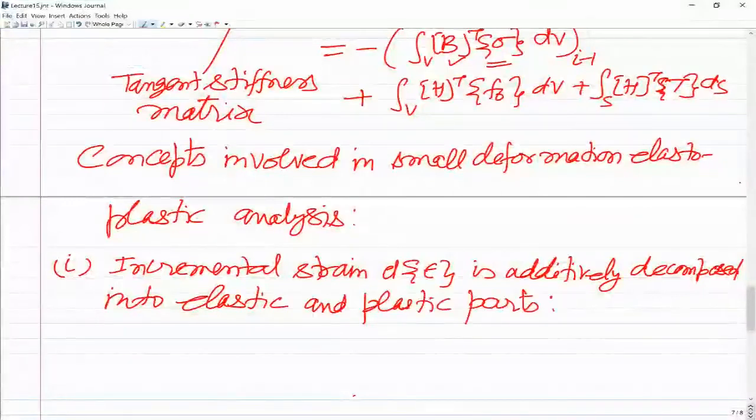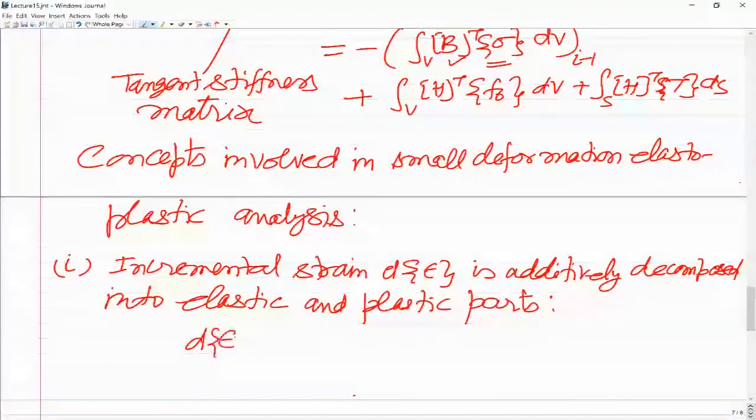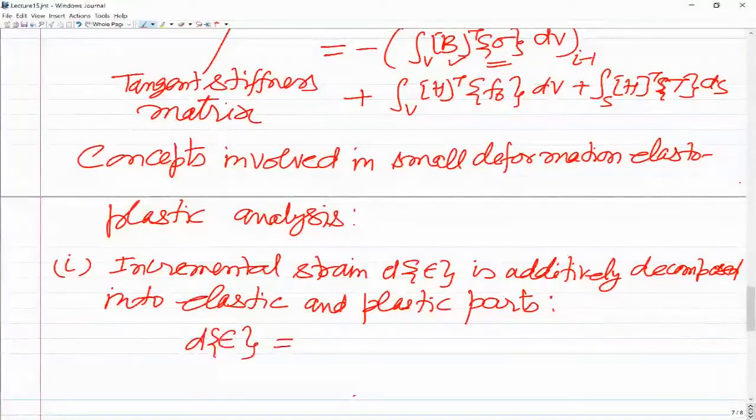What I mean is that when you get the incremental strain, you have this D of epsilon, and it has two parts. One is the elastic part of the strain, like in the first lecture where I drew the uniaxial stress strain diagram and demonstrated what is the elastic strain and what is the plastic strain.